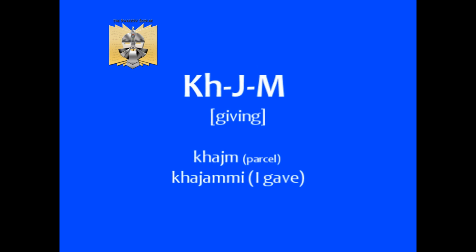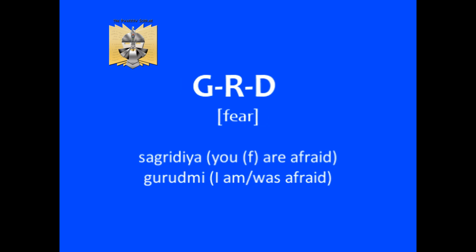Now let's recap some of the radical structures we've seen today. Inspired K, J, M. Kaj, parcel. Kajam, me, I gave. G-R-D. Sagridia, you are afraid. Gurudmi, I am afraid. Using here the imperfect and perfect forms as examples.